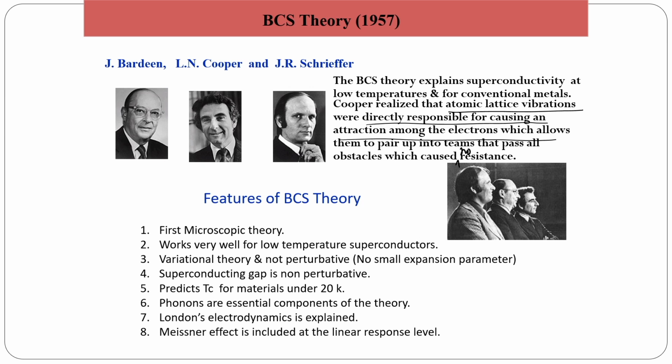The picture becomes something like this: there were electrons earlier, and because the lattice plays a role, individual electrons form bound pairs. Once they form bound pairs, they become non-interacting, and if you put on a small voltage or bias, the current will keep flowing as a persistent current with no decay for a very long time.